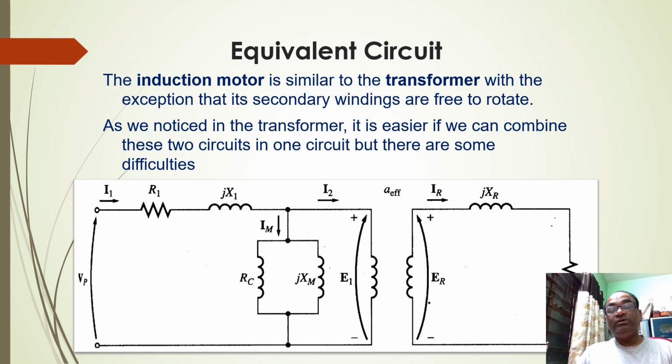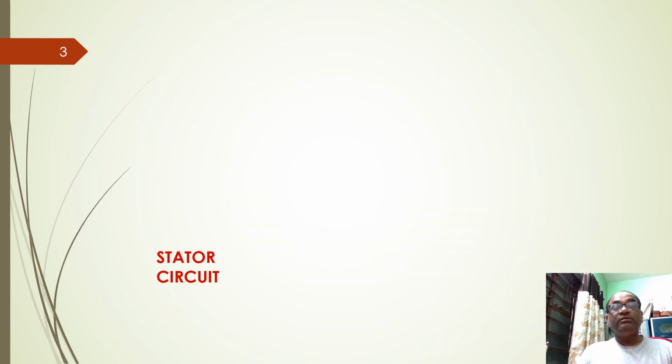So the pure winding is there, and its two components have been taken out. And this is the magnetizing component. On the secondary side, you can see this is your winding, and this is the reactance component, and this is the resistance component of this winding. Okay, now let's move to the next slide.